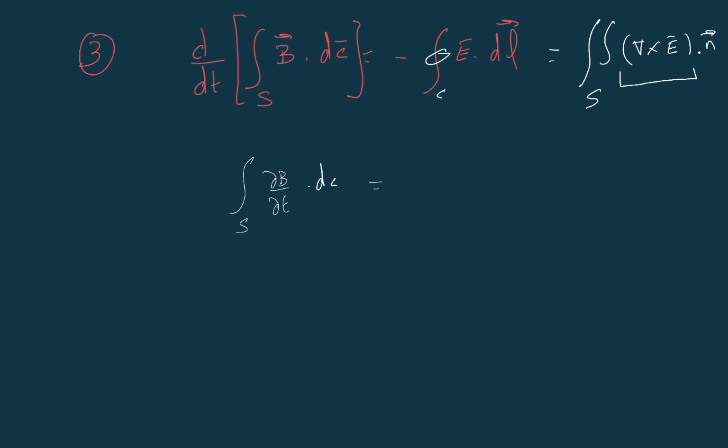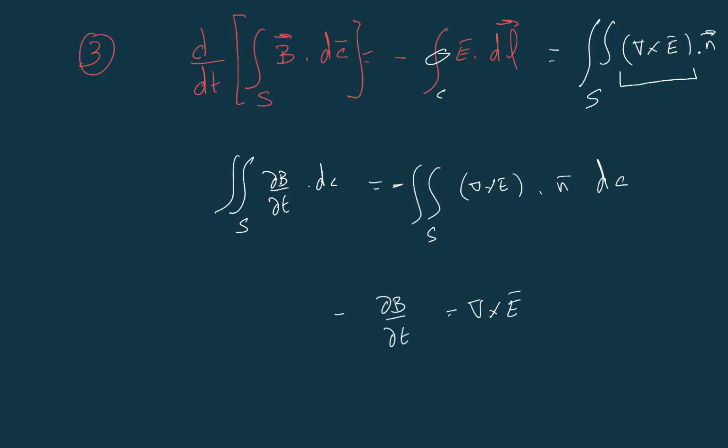And if I compare with the same surface integral of the curl of E scalar n dA, and there is a minus sign here, I can say that the curl of E is equal to minus the derivative of B with respect to time t.